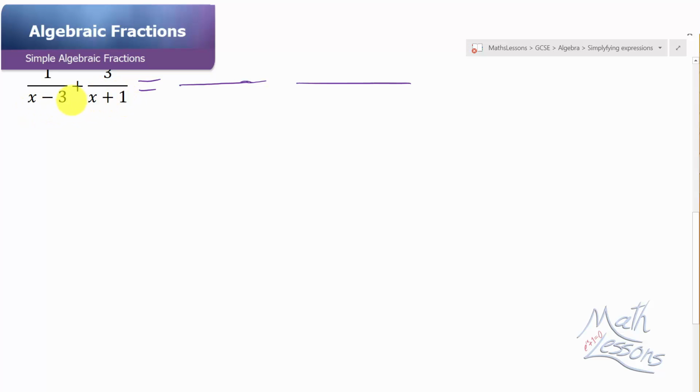Well, we know if we times that by that, we find a number they go into. So let's times x minus 3 by x plus 1. So we need to times the top times x plus 1. And then we're going to do the same over here. We need to times x plus 1 by x minus 3 on the bottom. So we're going to times the top by x minus 3.